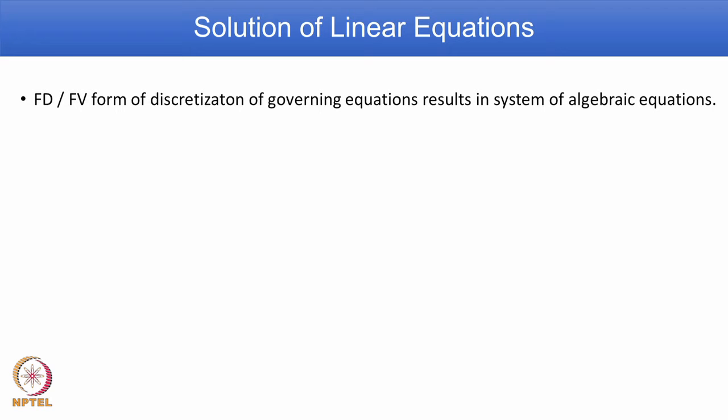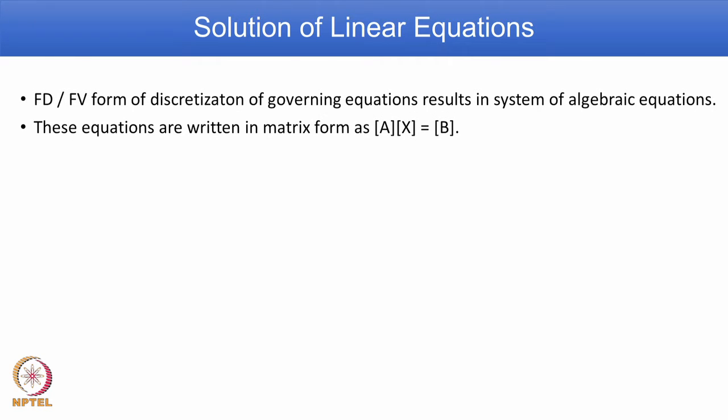By now we know that whether we follow finite difference or finite volume method, discretizing the governing equation will result in a system of algebraic equations. These equations can be written in matrix form as A x equal to B, where A is a coefficient matrix, x is a column vector of unknowns and B is another known matrix.